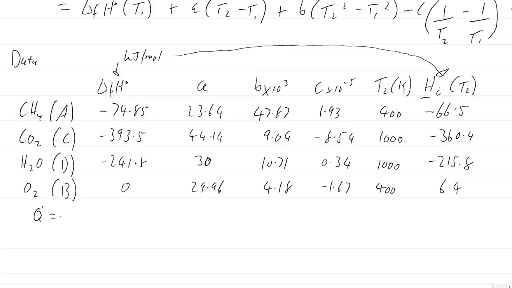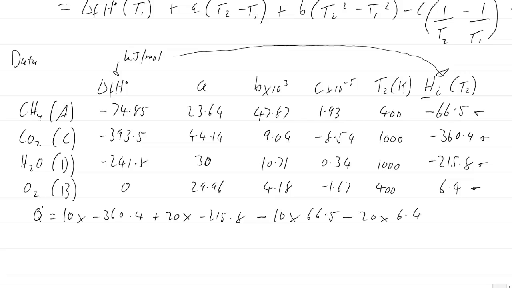From earlier, the heat in is equal to the outlet flow, so 10 moles per second of carbon dioxide times the enthalpy of carbon dioxide, plus 20 moles per second of water times the enthalpy of water, and then minus the flow in of methane, which is 10, times the enthalpy of methane, minus 20 times the enthalpy of oxygen coming in.